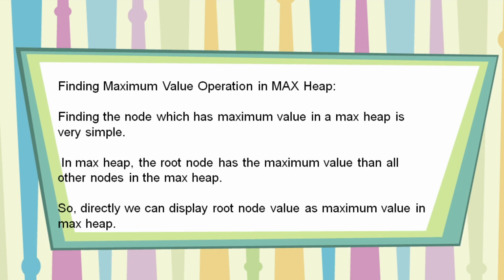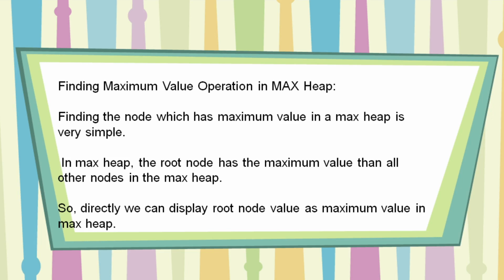The first kind of operation is finding the value in a max heap. So how do we find a value in a max heap? It is very simple. We just observe the root node. In a max heap structure, the root has the maximum value. Why?